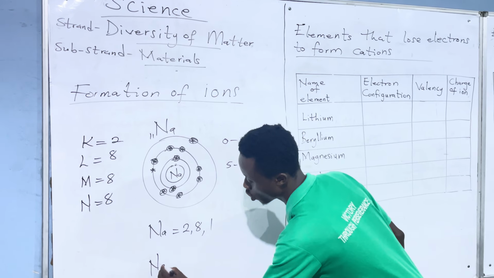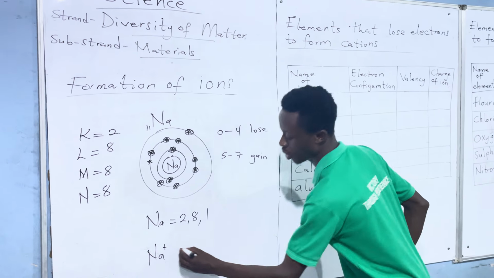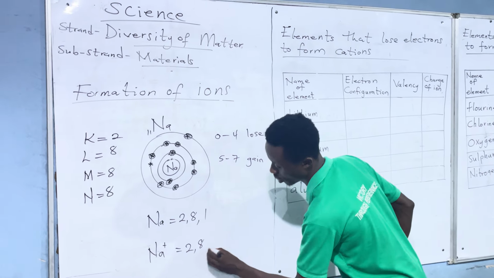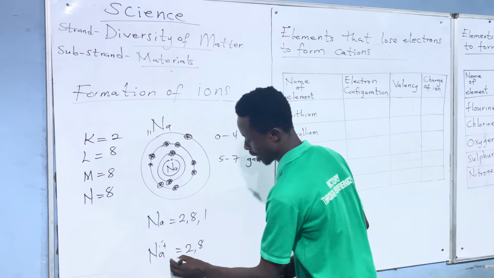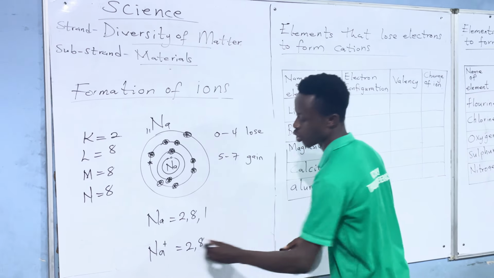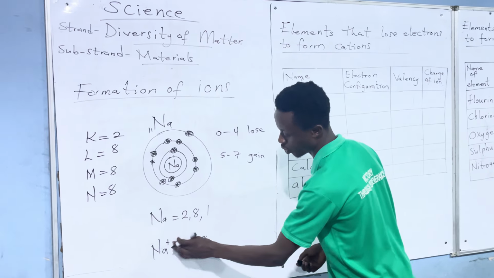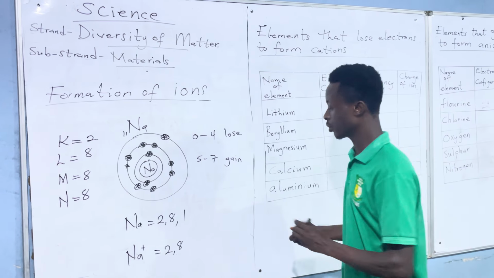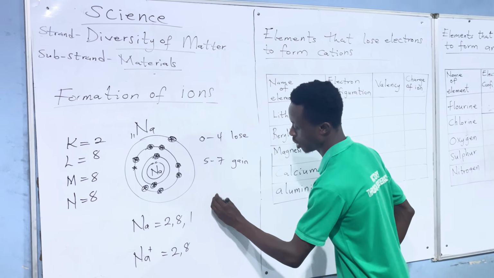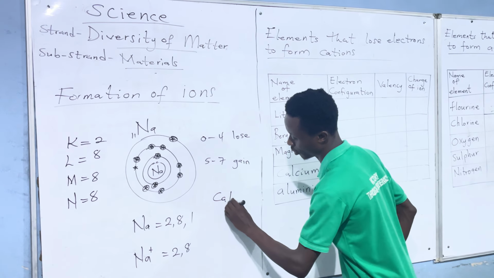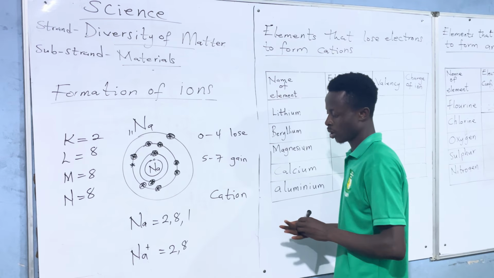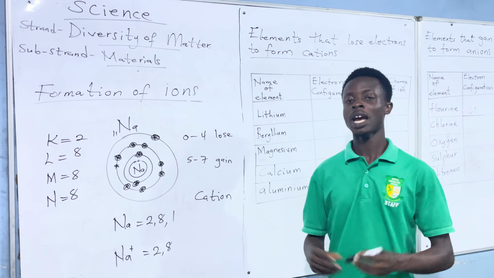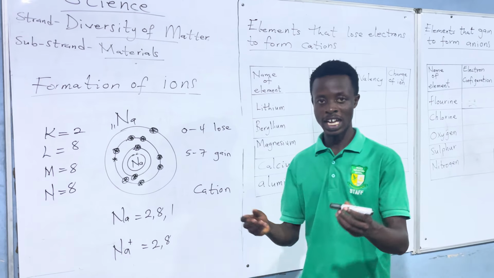So we will have the sodium ion, which is 2, 8. The plus here tells you that sodium has lost one electron. When an atom loses an electron, it forms a cation. A cation is an ion that carries a positive charge.